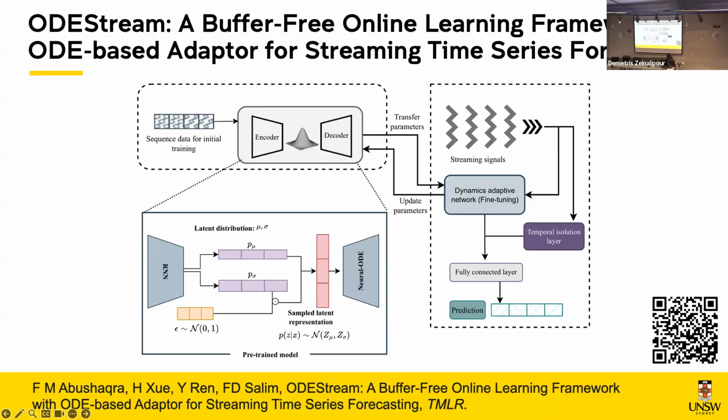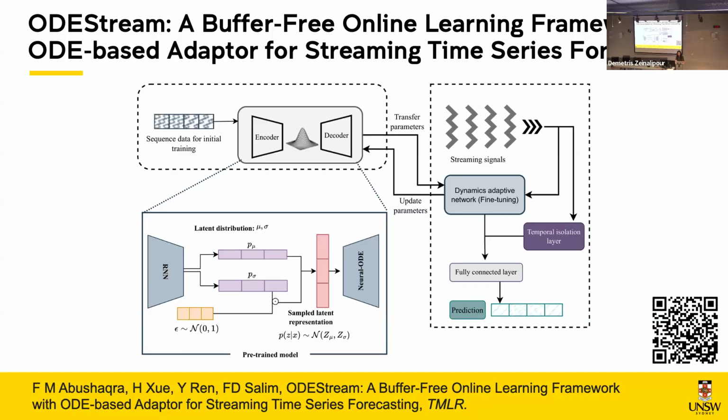And what we do here is we have a latent VAE model that we're storing. And this latent VAE is based on being able to store the continuous ODE representation of each of the sensors. And why ODE? To be honest, these days I like working more on ODE representation.